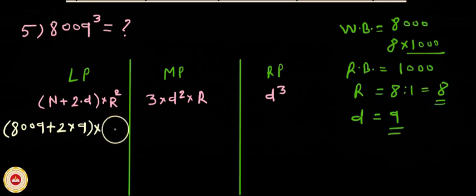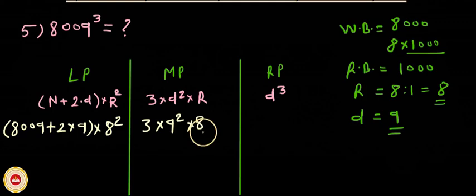What is the ratio? 8. So write 8 squared. What is the middle part? 3 multiplied by deviation d. What is the deviation? 9. D squared, that is 9 squared, multiplied by ratio R, which is 8 in this case. 3 multiplied by 9 squared multiplied by 8. What is the right part? Deviation cube. So 9 cubed. So let us calculate further.